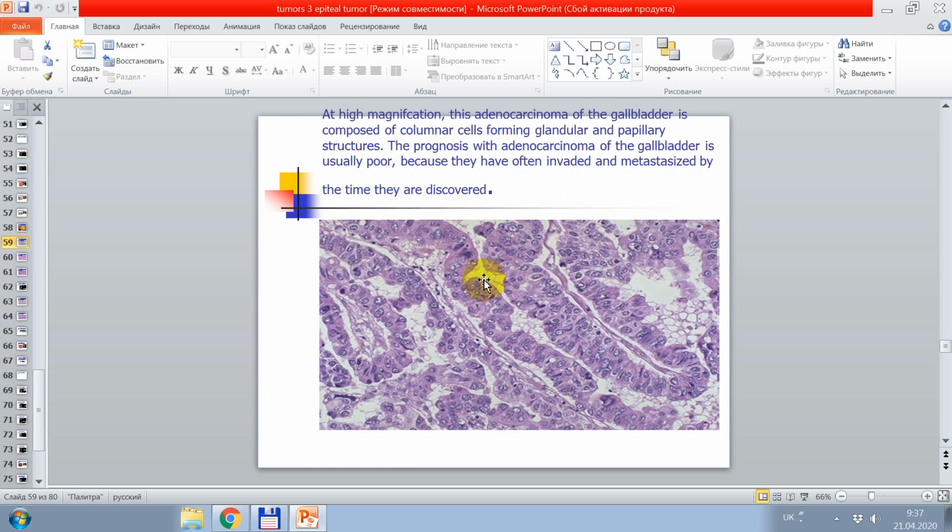At high magnification, this adenocarcinoma of the gallbladder is composed of columnar cells forming glandular and papillary structures. The prognosis with adenocarcinoma of the gallbladder is usually poor because they have often invaded and metastasized by the time they are discovered.